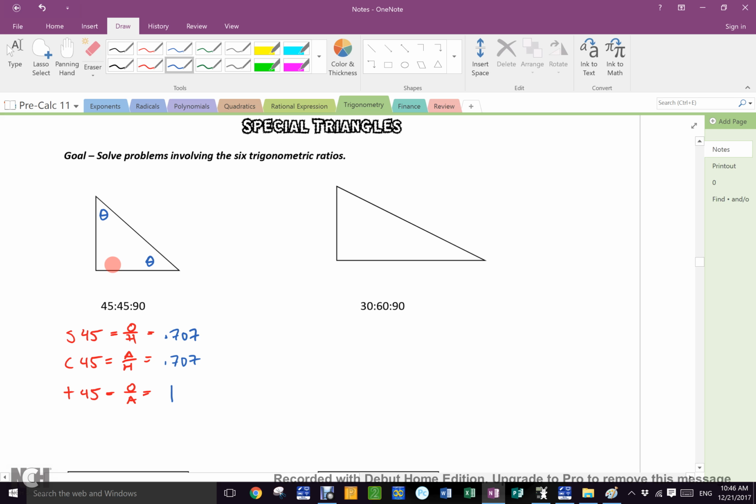What do we know about these two sides? They're equal, right? So what's the easiest number to put there? 1. That has to be 1 and that has to be 1, because 1 divided by 1 is 1, right? Now, if you know that side and you know that side, do you know this side? How?